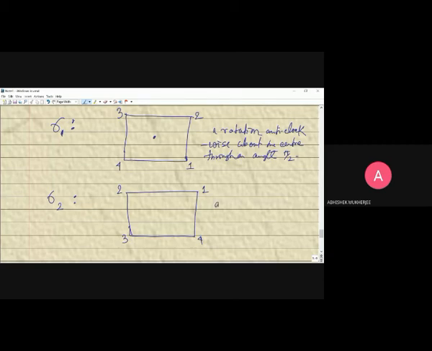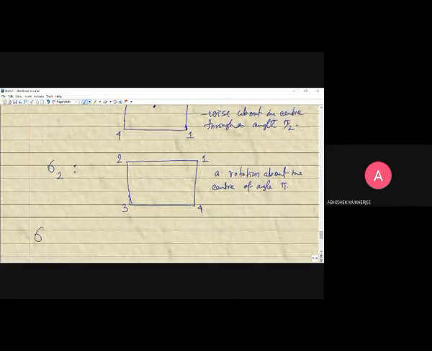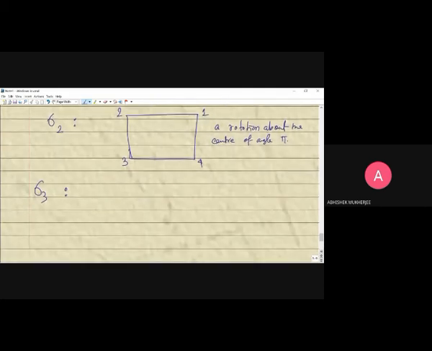Another rotation about the center of angle pi. Sigma 3. Then sigma 3 is just taking another rotation of angle pi by 2 to this symmetry.